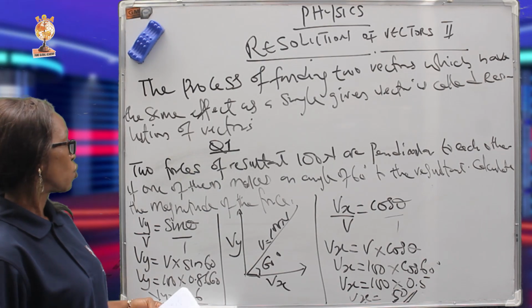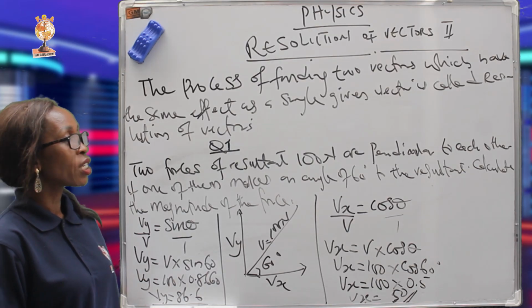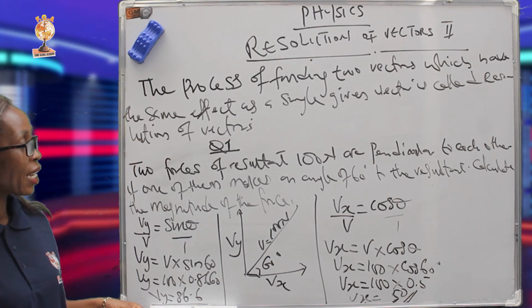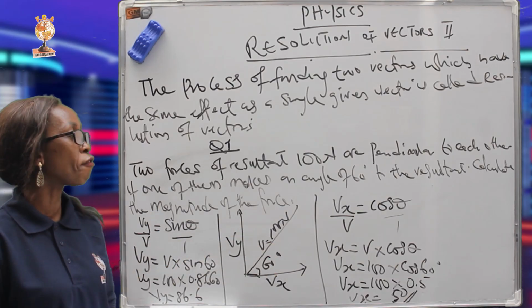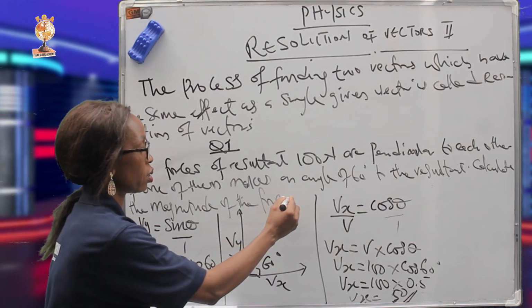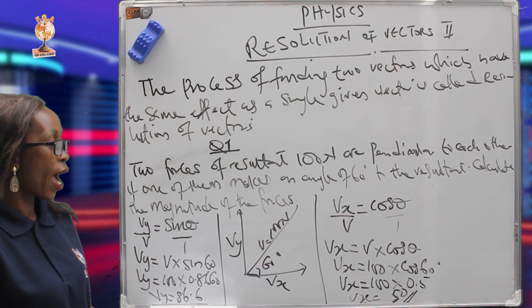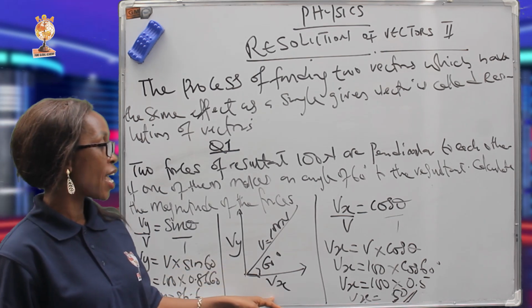Come again: two forces of resultant 100 newtons are perpendicular to each other. If one of them makes an angle of 60 degrees to the resultant, calculate the magnitude of the forces, which are Vx and Vy. From the trigonometry, let's start with Vx first.